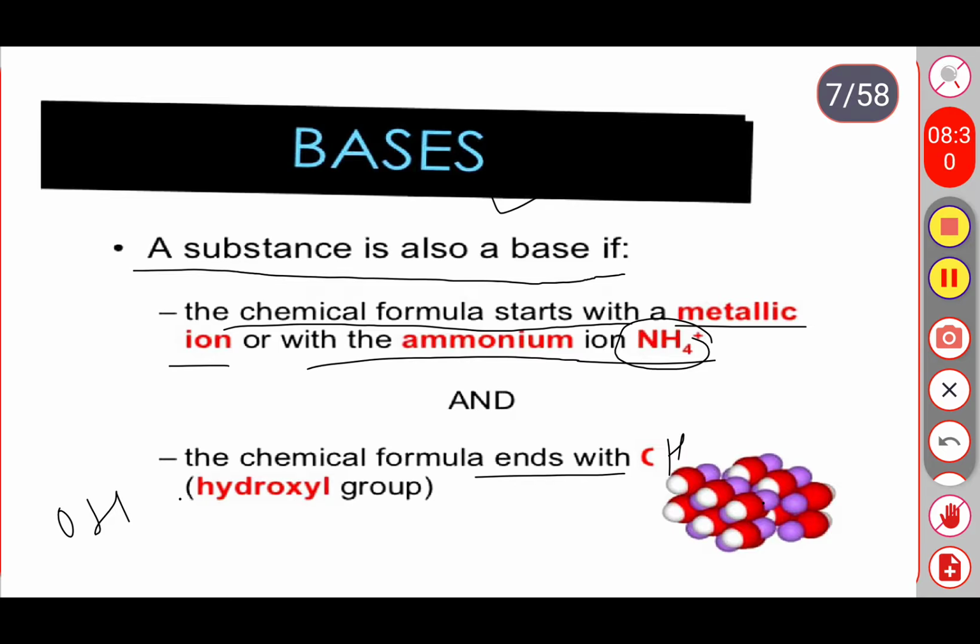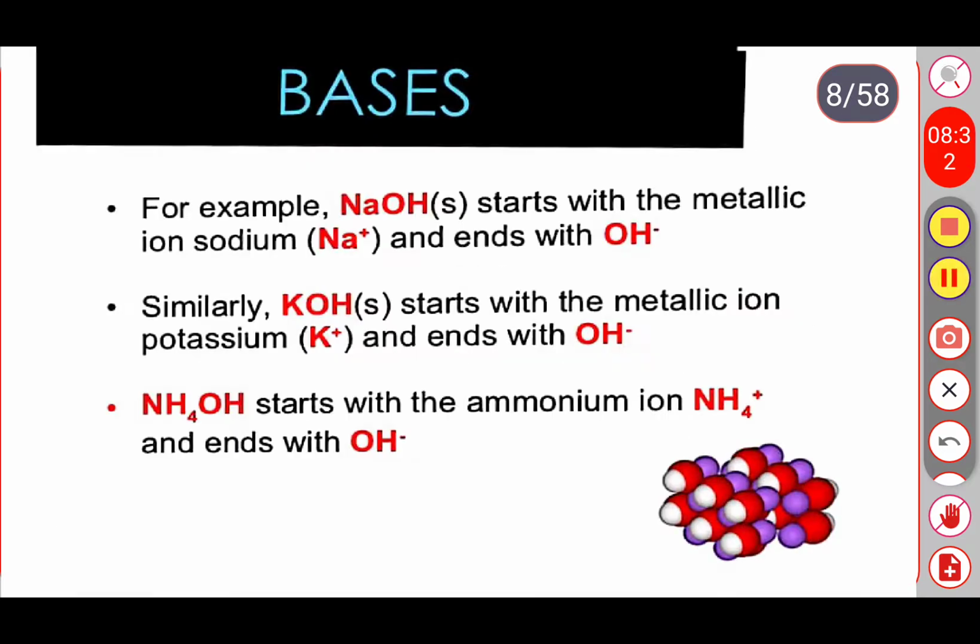See, some examples are given here. Sodium hydroxide starts with a metallic ion, sodium, Na, which is a positively charged ion, and ends with hydroxide or hydroxyl, OH minus.